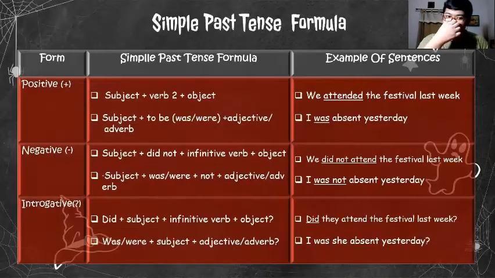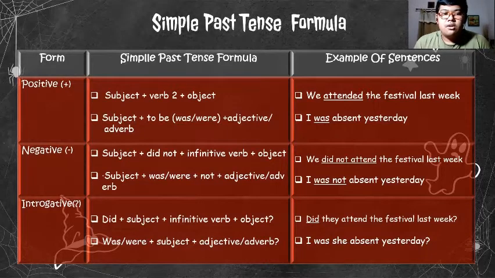The formula for the positive: the first one is subject, verb 2, and then object. The second formula is subject, to be, or was, were, plus adjective or adverb. For the example, for the positive, the first one: we attended the festival last week. The second one is: I was absent yesterday.